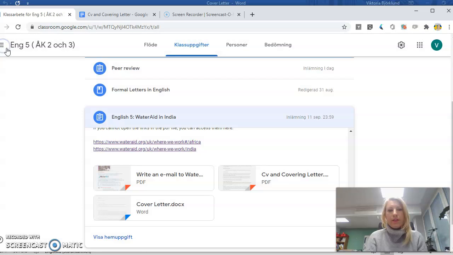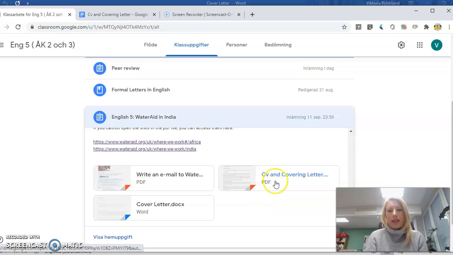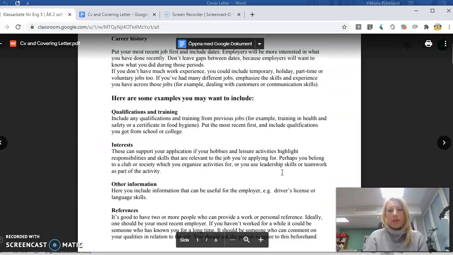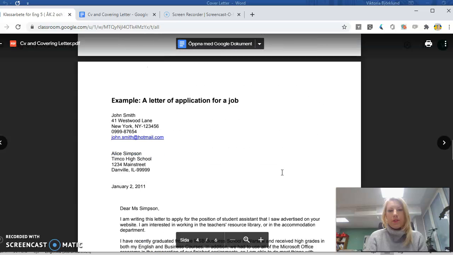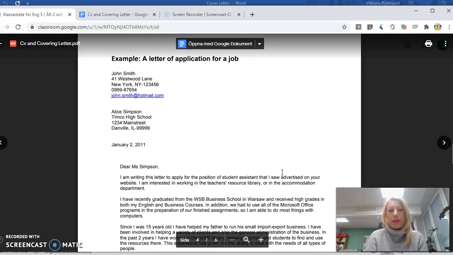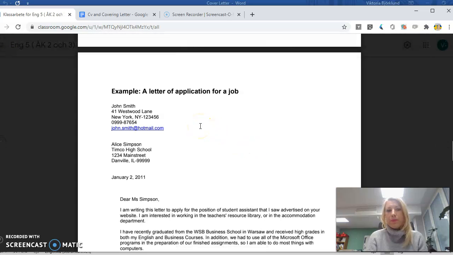So you have some more examples here. Here's an example of an application for a job. You can see the address here in the left corner.